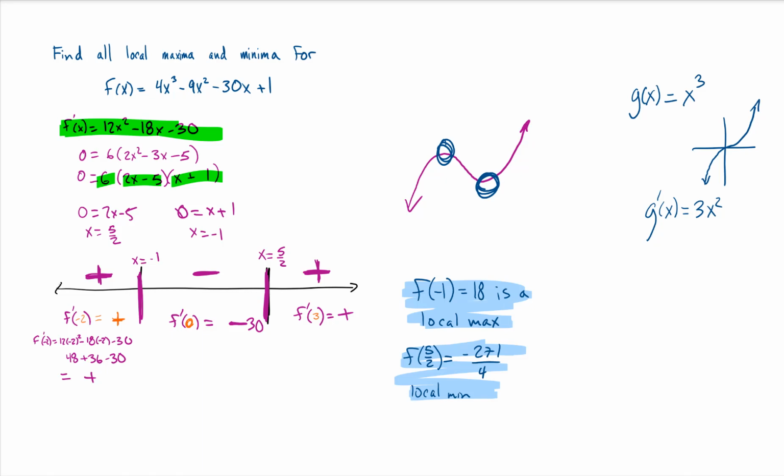Now, if you plug any value of x into 3x squared, this is always greater than or equal to 0, which means it never changes from positive to negative. So just because a derivative can be set equal to 0 and solved does not mean that we have a local min or a local max.